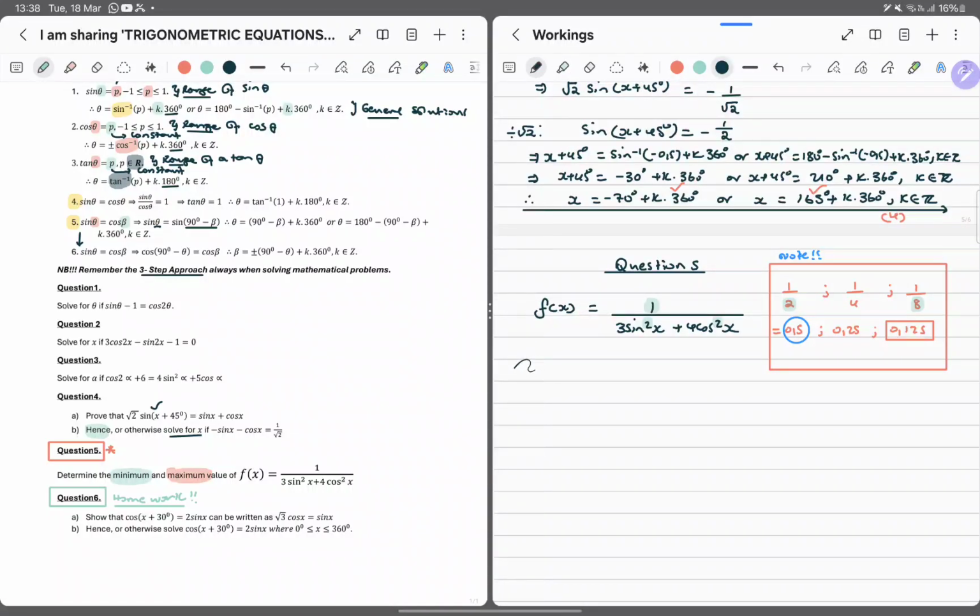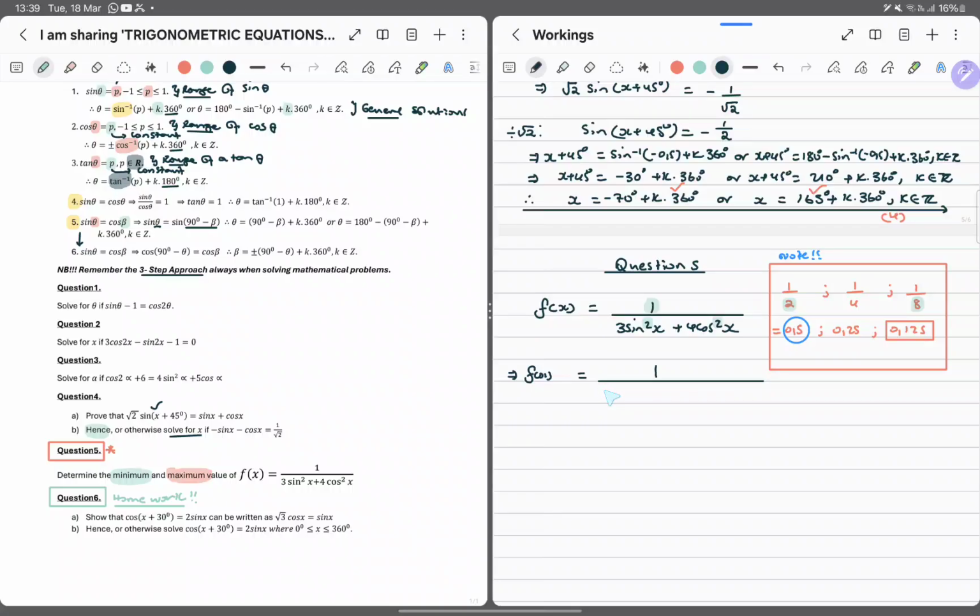So this implies that f of x is 1 over, now we can change cos to sine, or we can change sine to cos. It honestly does not matter. Whichever you can think about is going to be good. My mind tells me to perhaps change this into sine.